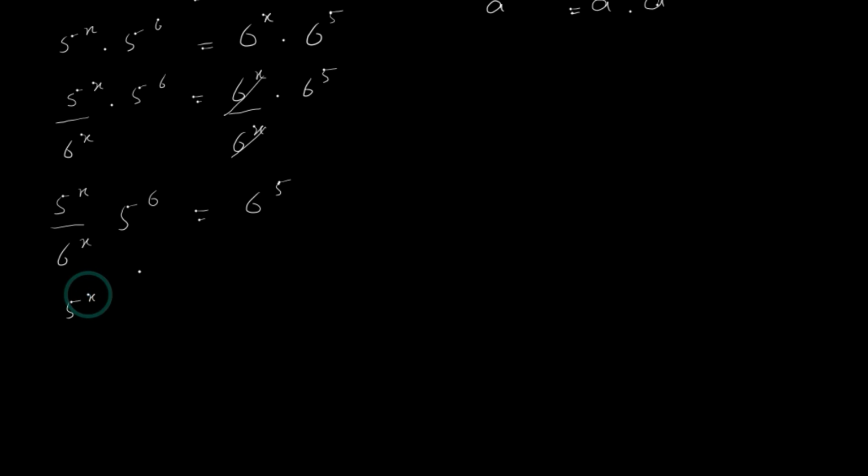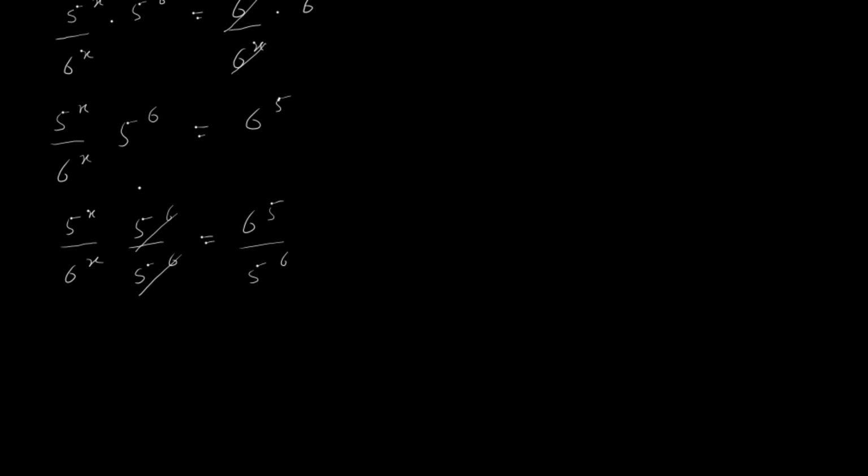5^x over 6^x, 5^6 divided by 5^6 is equal to 6^5 divided by 5^6. These cancel, and we are left with 5^x over 6^x is equal to 6^5 divided by 5^6.